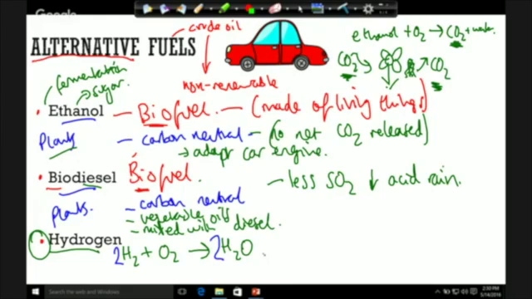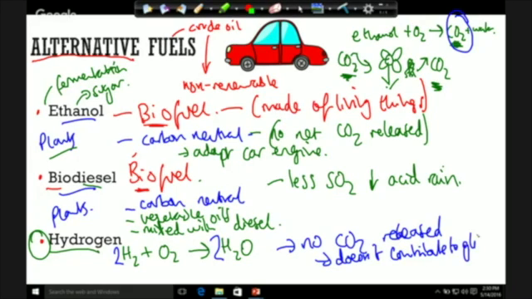And this is really important because it only makes water. You are not making the carbon dioxide that you did before. So no CO2 released, which is obviously really important because that means it doesn't contribute to global warming. So if we could run everything off of hydrogen, that would be fantastic because we'd be only adding water vapor to the environment and no CO2.